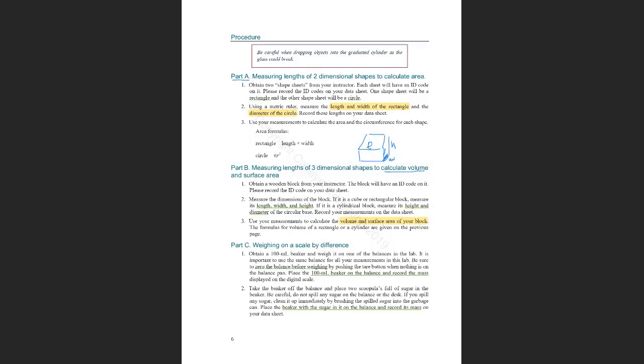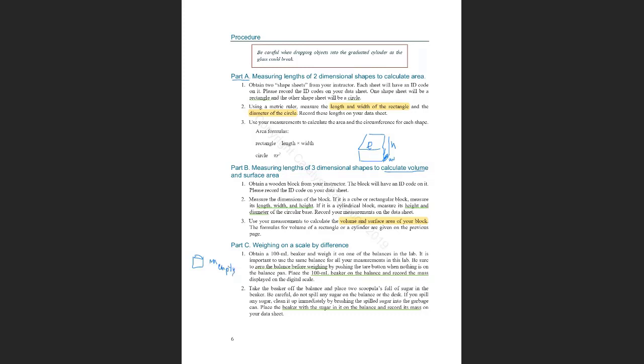In part C, you are learning how to weigh on a scale by difference. So all is what we just saw. Basically, here it says you zero the balance, and then place a beaker on the balance and record the mass on the digital scale. So you will have an empty beaker, and you have the mass of the empty beaker.